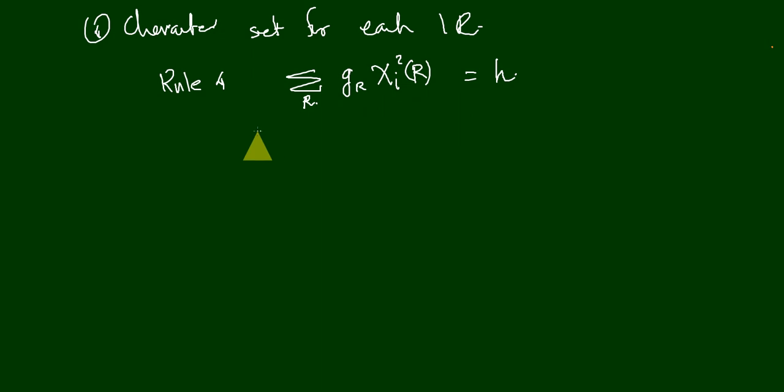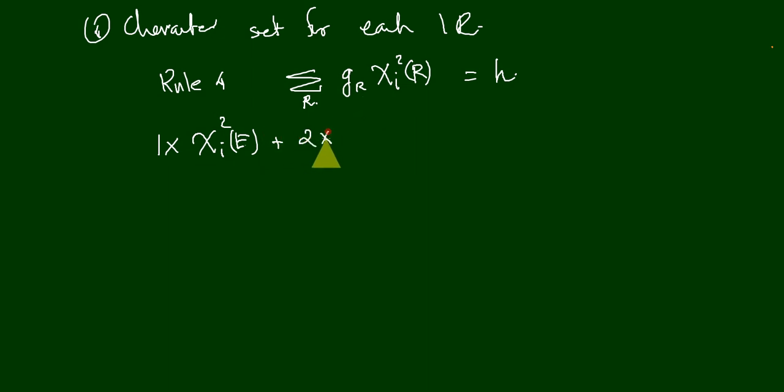Okay. Then we can expand this one. Sigma R gR chi i square R is equal to h. Okay. So the first R is E. Therefore, the number of elements in that class is 1. So 1 into chi i E square, okay, plus the next class has 2 elements.